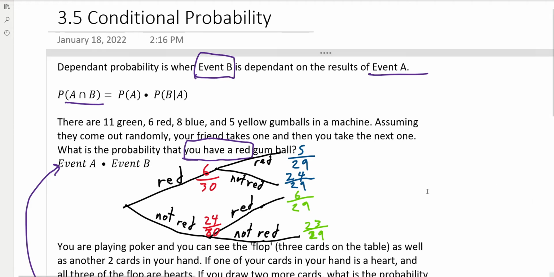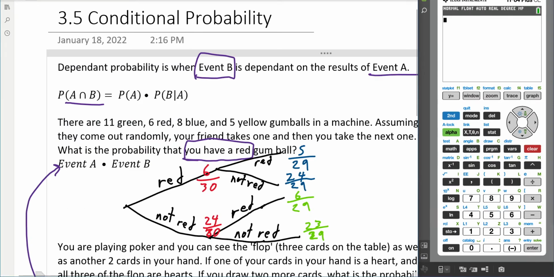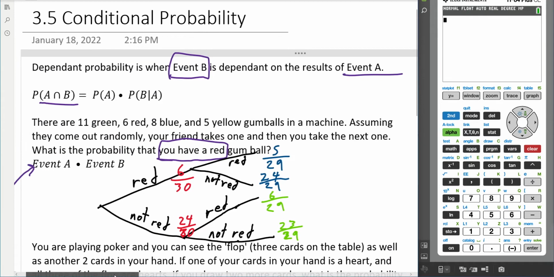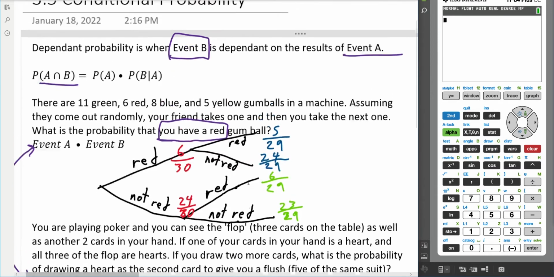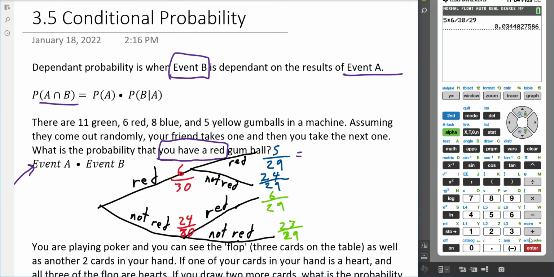I should probably use the calculator for this. We can just go 5 times 6 divided by 30 divided by 29. Okay, so that's the probability in this first one.